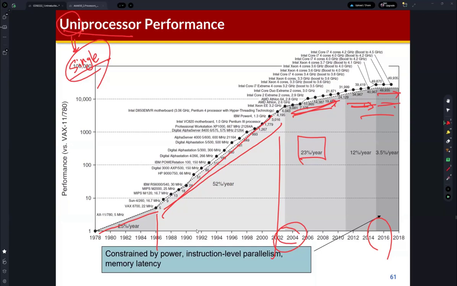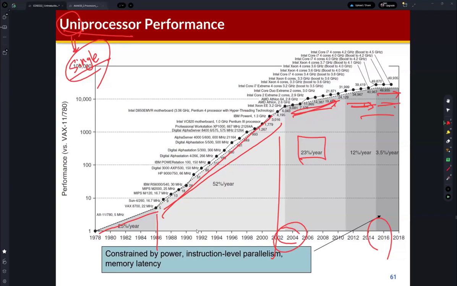Using smaller transistors, we can increase the frequency. But the problem is that if we increase the frequency, the CPU will consume much power. Think about this: you have a desktop computer that consumes power similar to an air conditioner.